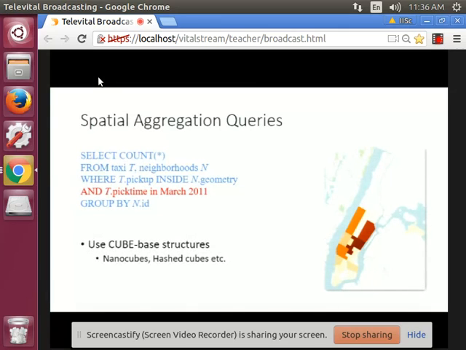But that is where there are these data structures called data cubes. How many of you know data cubes? Okay, so there are these cube-based structures which, in essence, given the set of attributes of interest, compute the aggregations across all possible values of the attributes, right?